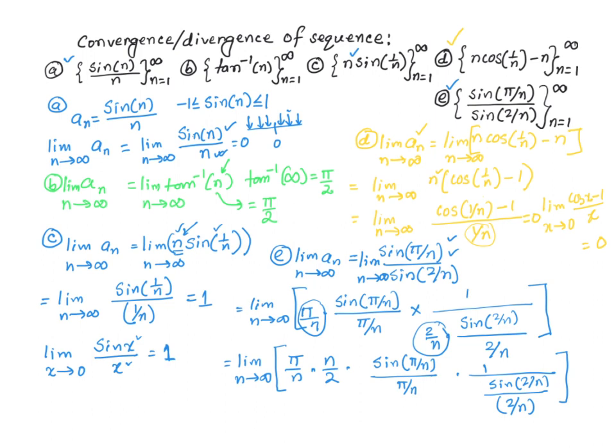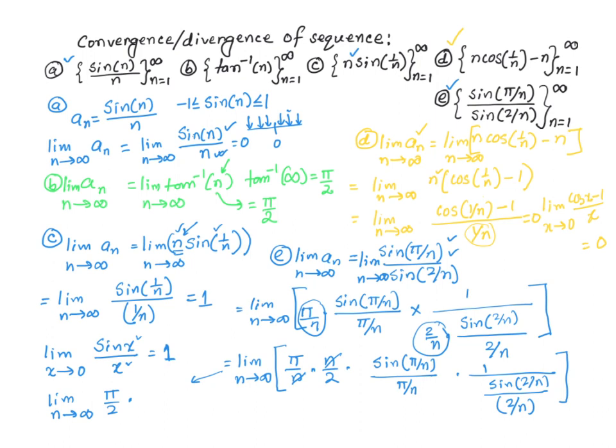I'm not going to write out everything, but let me bring it down here. This n and n cancels out, right? So limit as n approaches infinity, pi over 2 times sine of pi over n divided by pi over n, which is like sine of x over x as n goes to infinity.